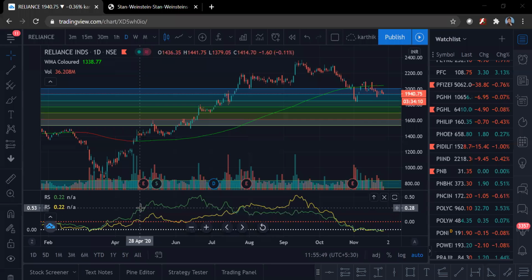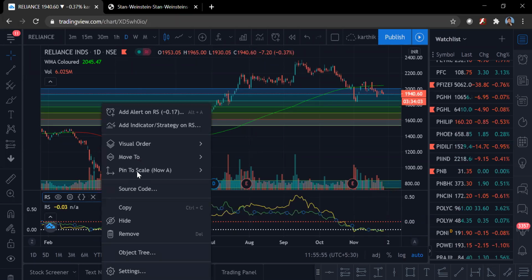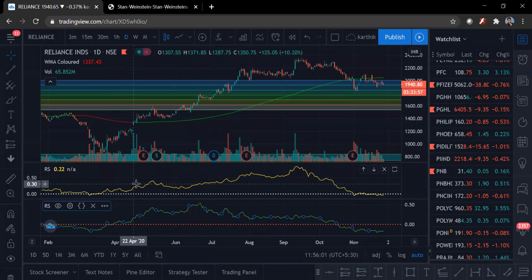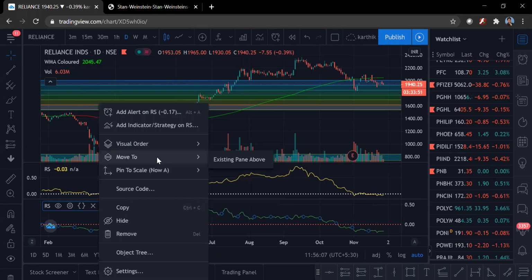Basically, these two are different indicators, RS with different settings. I just merged them together in a new pane below so that I get more space to work on.